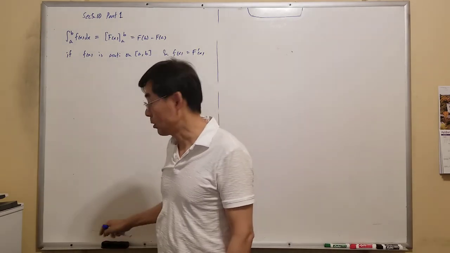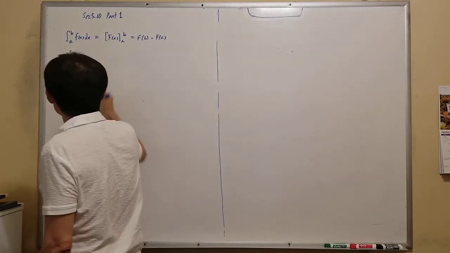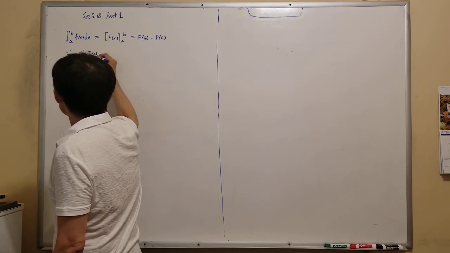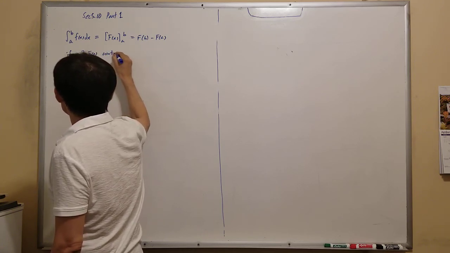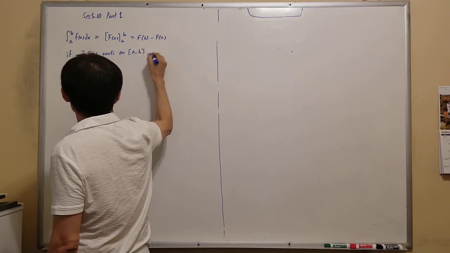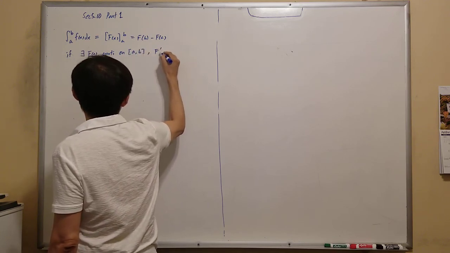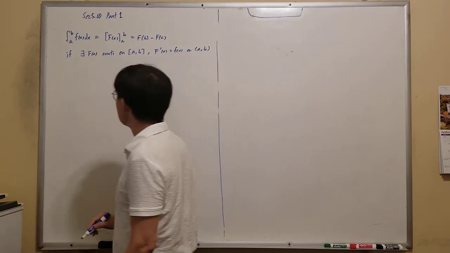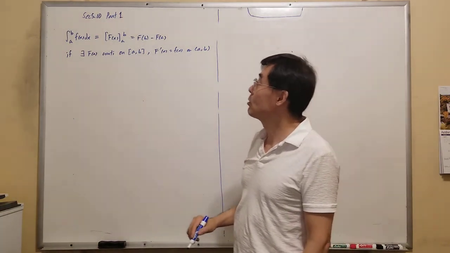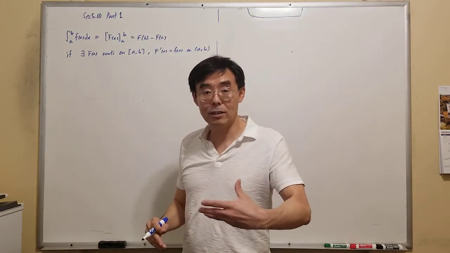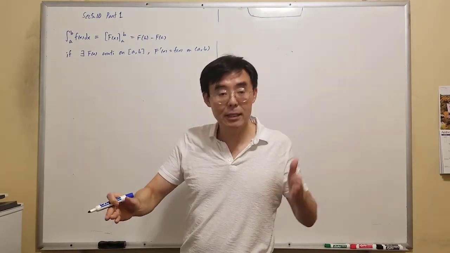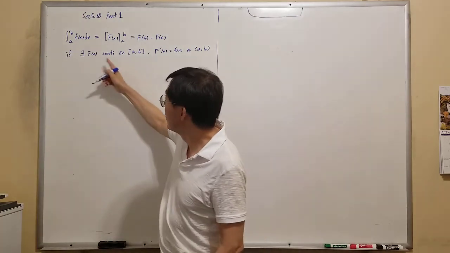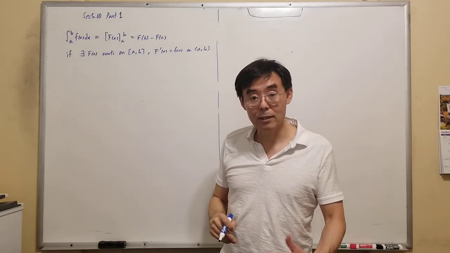Or actually, it's better if there exists some capital F of x which is continuous on this interval and F prime of x equals f of x. This is better. So if you can find a continuous antiderivative from a to b, including a and b, so that you can calculate these two values, then you can use the fundamental theorem of calculus to get this value.